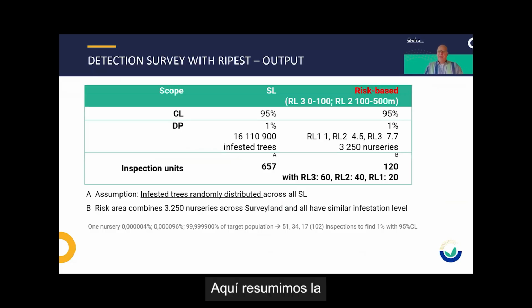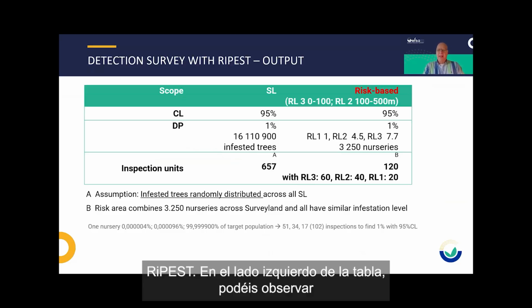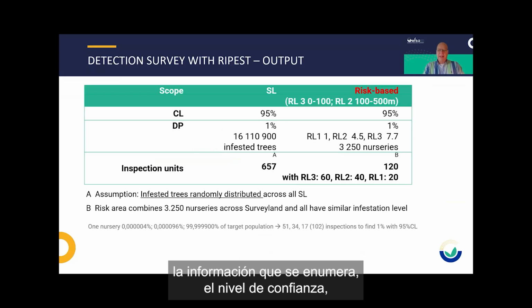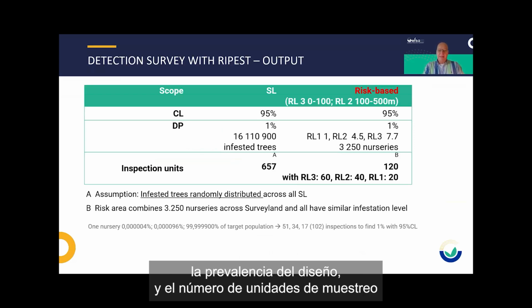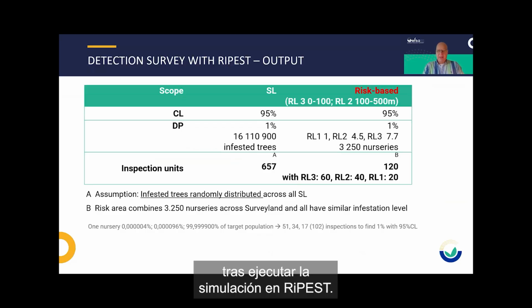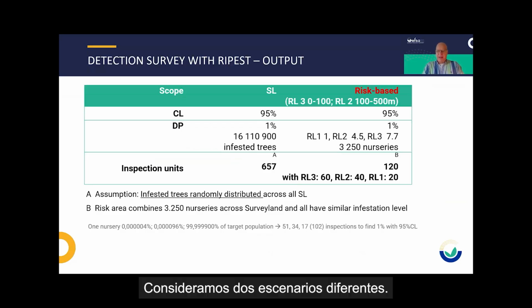where we summarize what we have seen as information from RIPEST. On the left in the table, you see the information that is listed: the confidence limit, the design prevalence, and the inspection units resulting after simulation from RIPEST. We have two different scenarios considered.